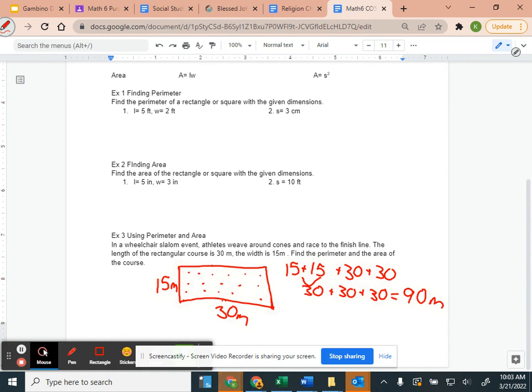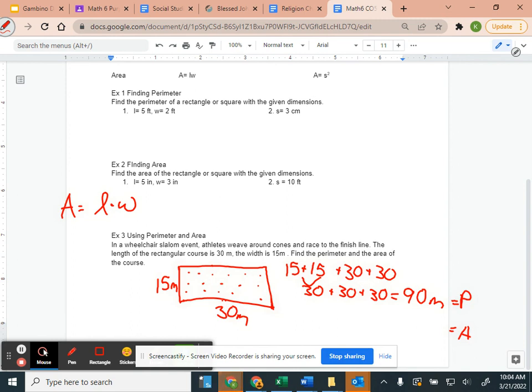How do I find the area? So this is my perimeter. How do I find my area? To find my area, remember that's length times width. So you're right. So finding the area is when you're multiplying them.